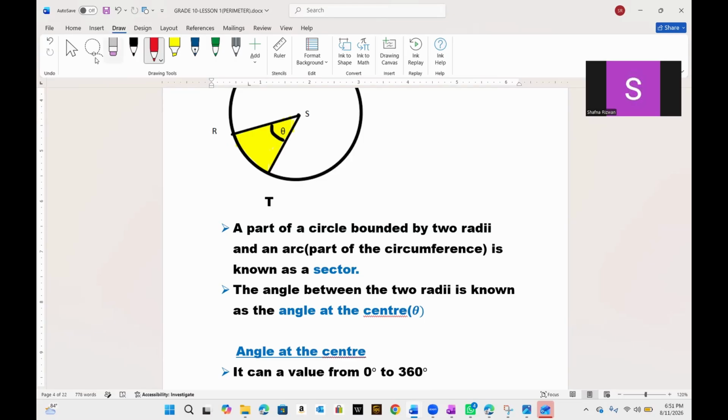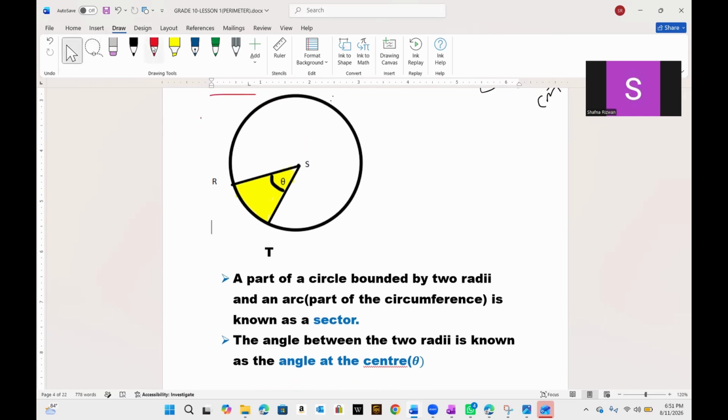Now girls, see here. If you take an angle at the center, it can have a value from 0 to 360 degrees. Why? If you take the angle around a point, how much is it?